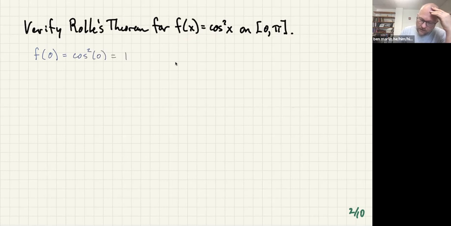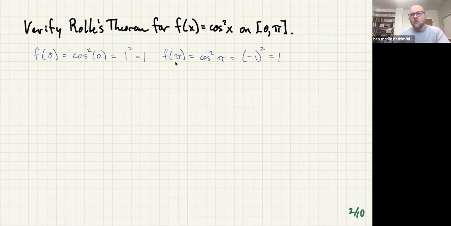Cosine of 0 is 1, so that's 1 squared. And then when you do f of pi, that's going to be the cosine squared of pi, which is going to mean that you have the minus 1 from the cosine of pi squared, which is also 1. Should have said equal 1 there.